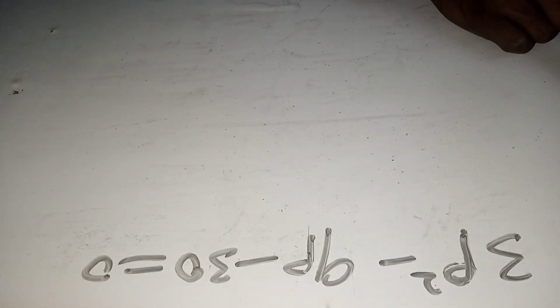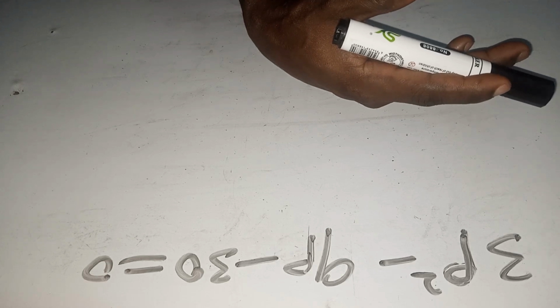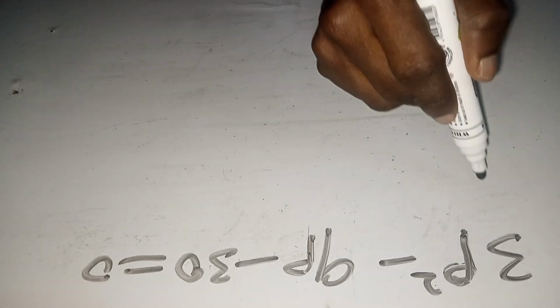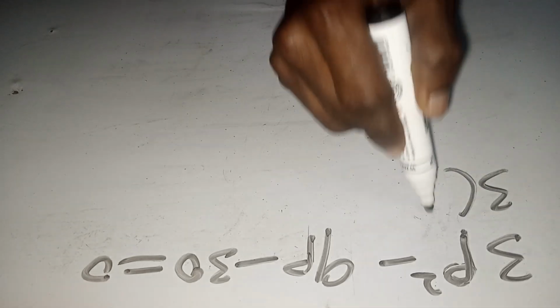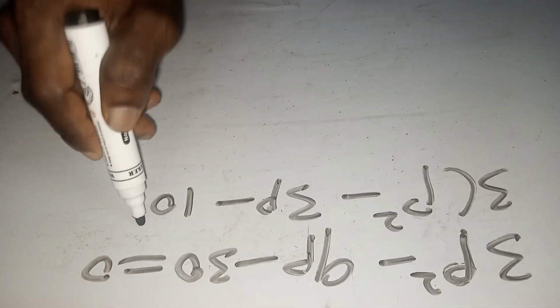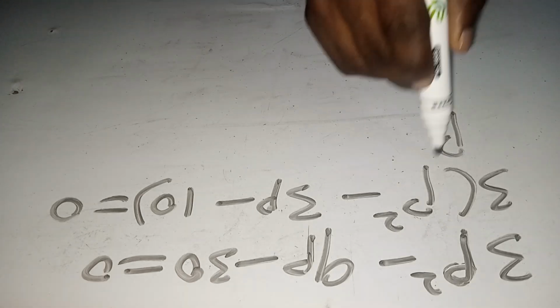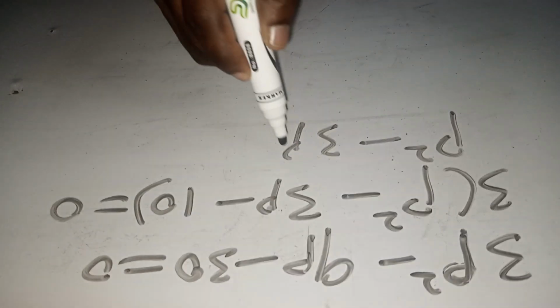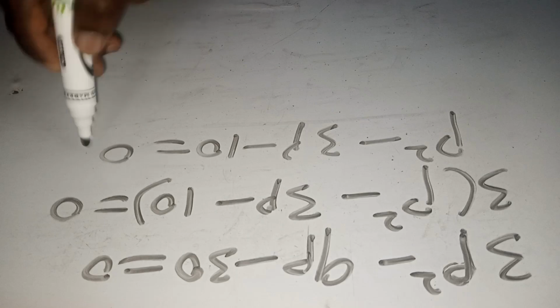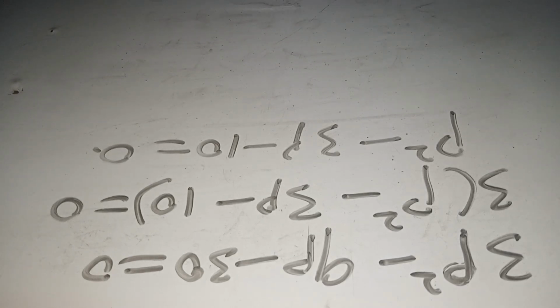Looking at this quadratic equation, there's something common between these numbers, and that is 3. So if we factor out 3, we have 3 open bracket p squared minus 3p minus 10 is equal to 0. If we divide both sides by 3, our new equation becomes p squared minus 3p minus 10 is equal to 0. So how can we look for the value of p in this equation?